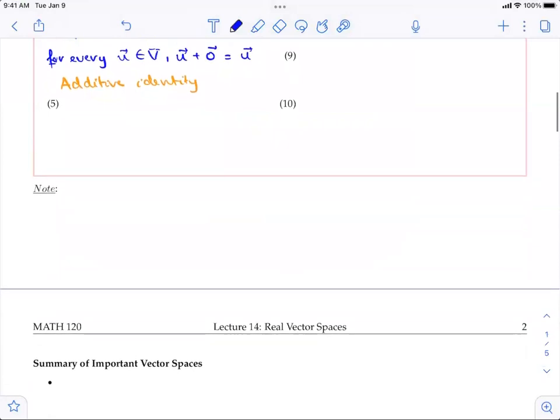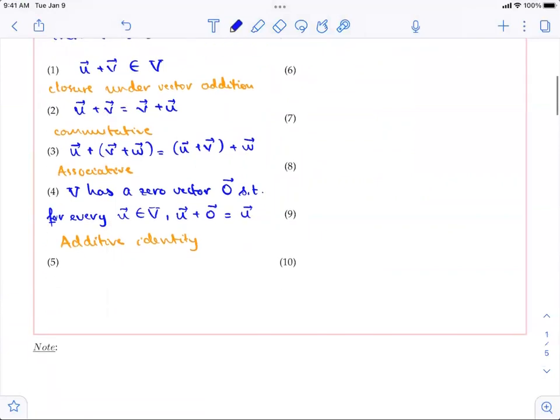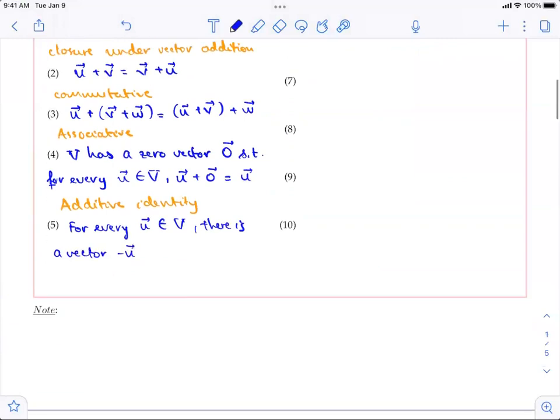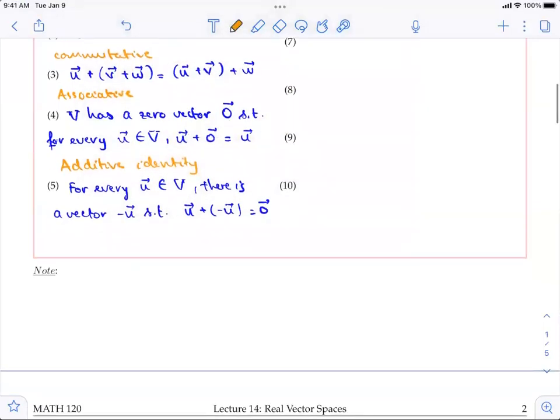The last property on this side of the column, related to vector additions, is that for every u in the set V, there is a vector negative u, which is the opposite direction of vector u, such that u plus negative u is equal to the zero vector. This is called the additive inverse.